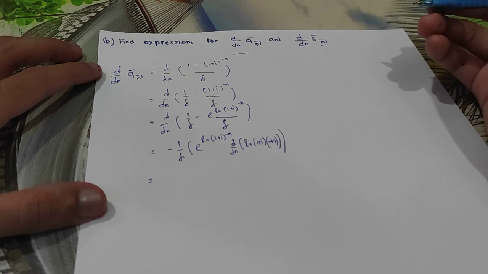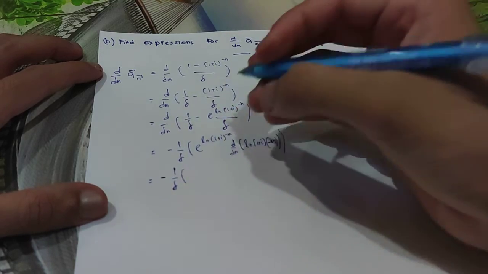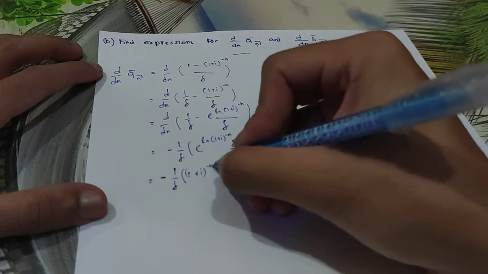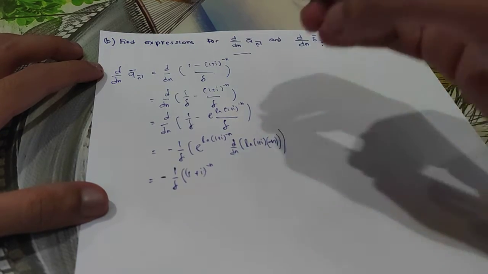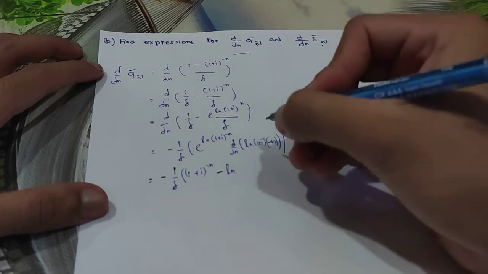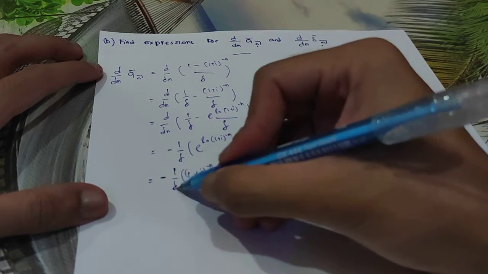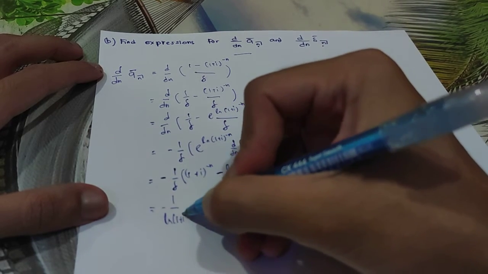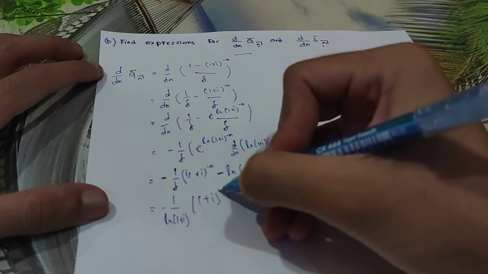Now we can simplify this equation more conveniently. We differentiate this equation and we get like this. We know that delta is equal to ln (1 plus i), so multiply by this equation.